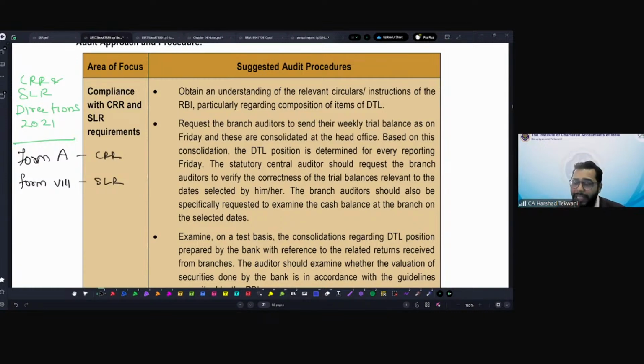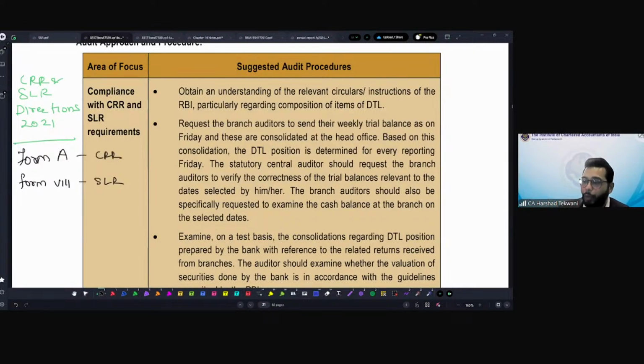Now, the maintenance of CRR or maintenance of SLR is reported by the auditor. Branch auditors are required to report whether maintenance of minimum CRR was done or not on all the days during the reporting fortnight.